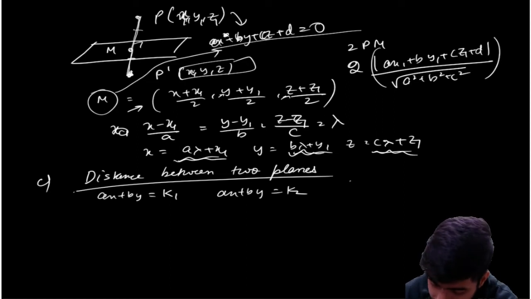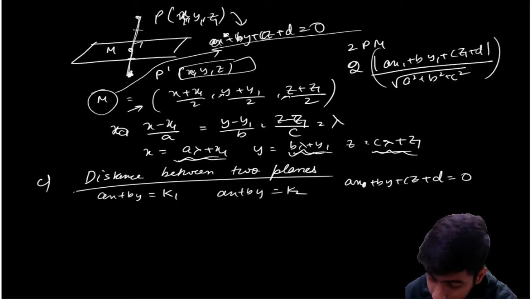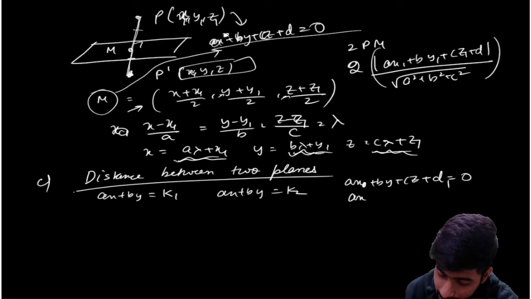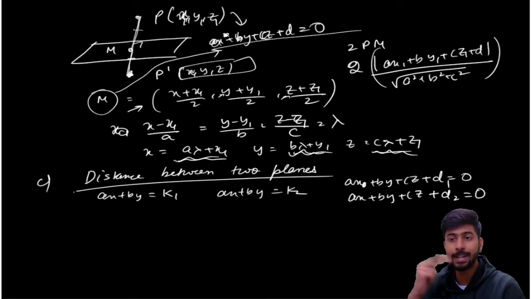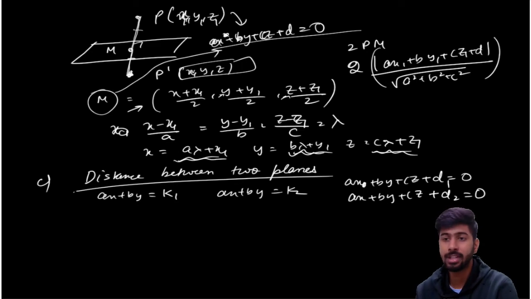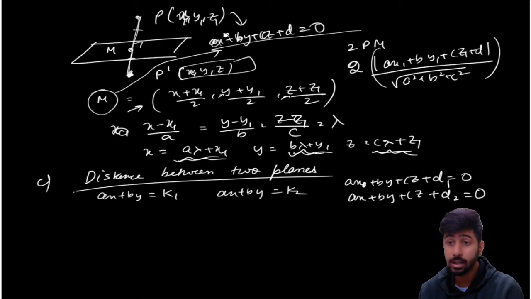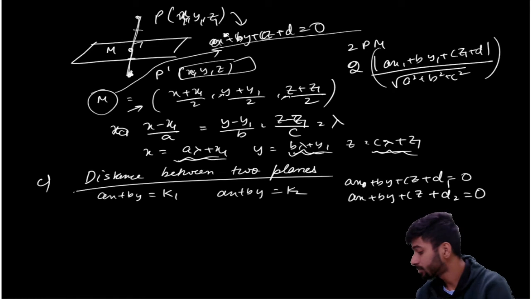So if this is my first plane, ax plus by plus cz plus d1 equal to 0, the second plane will be ax plus by plus cz plus d2 equal to 0, only differing by a constant. The moment you see two such planes, you can say these two planes are parallel, because they're only differing by a constant. And only then you can talk about the distance between them.